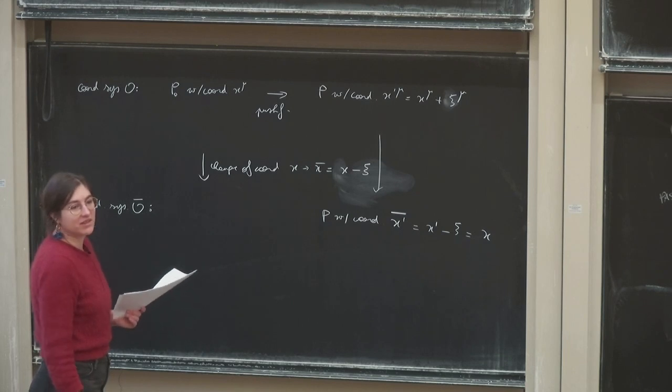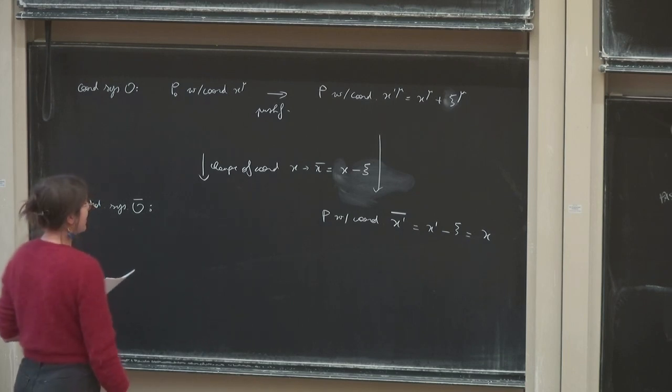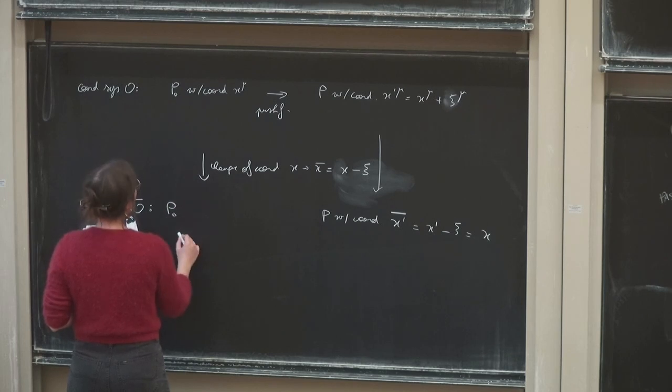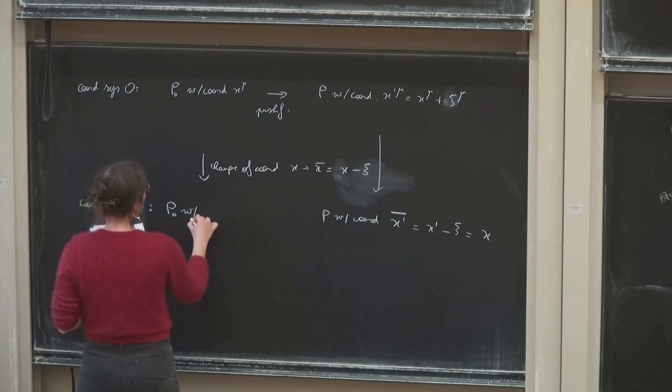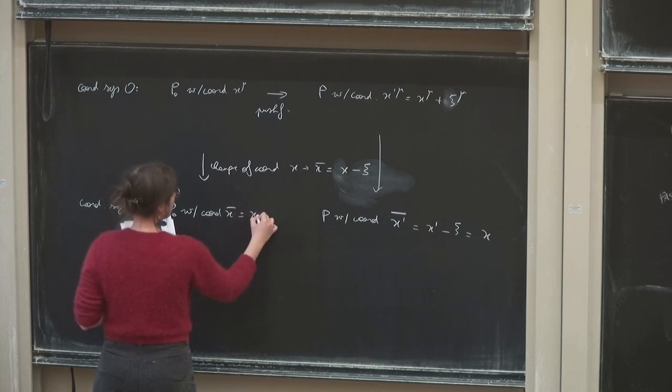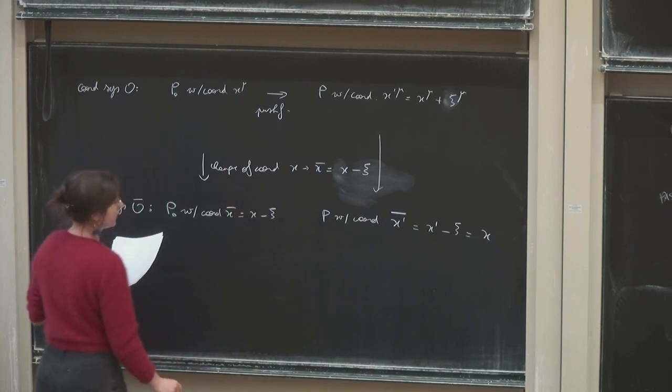I can't help that this is a bit tricky to follow. It's probably better if you just do it on paper. So, and P0 is now at a coordinate x bar, which is x minus psi. Okay.